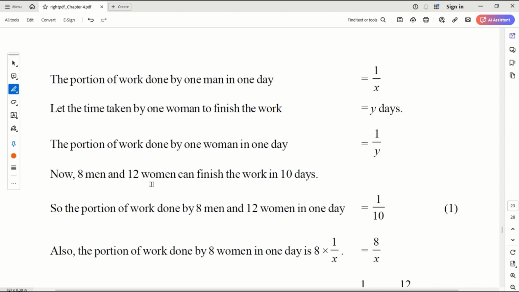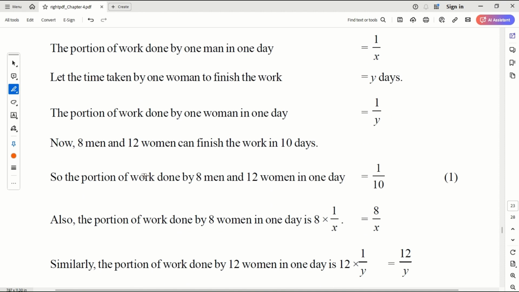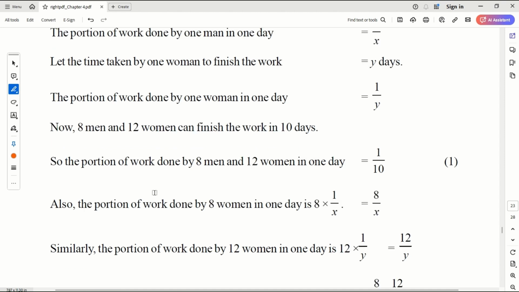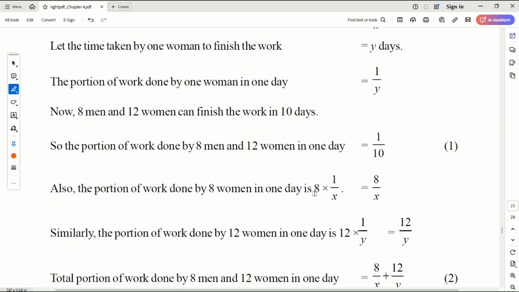So 8 men and 12 women can finish the work in 10 days. That means 8 men and 12 women can finish one tenth of the work in one day. Okay, in that case, 8 men can do 8 into 1 by x work.